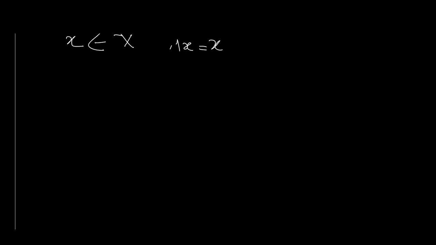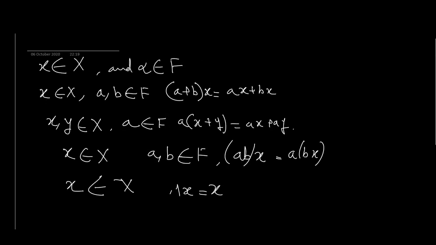Now one thing we must note is that the additions are different, like here the left side and right side additions are different. In (a plus b)x, this a plus b is a scalar, however in ax plus bx, they are two vectors.